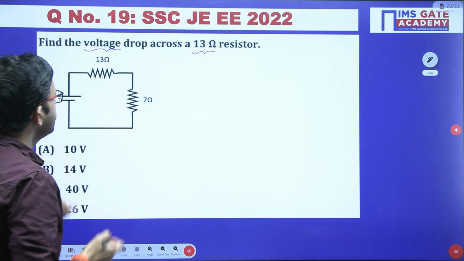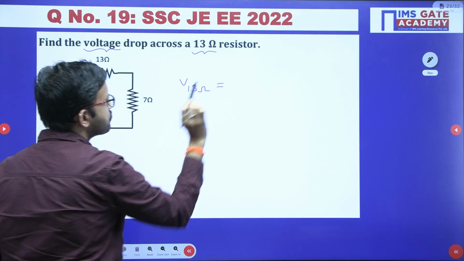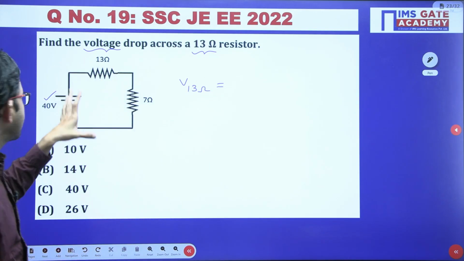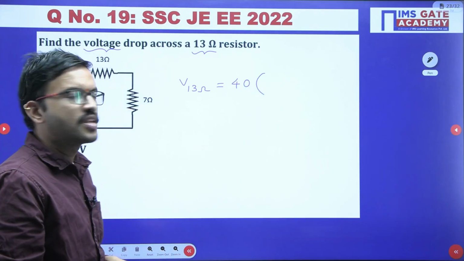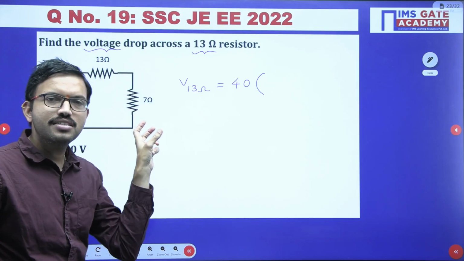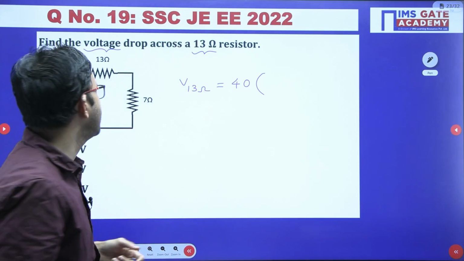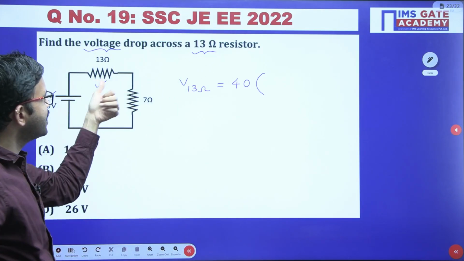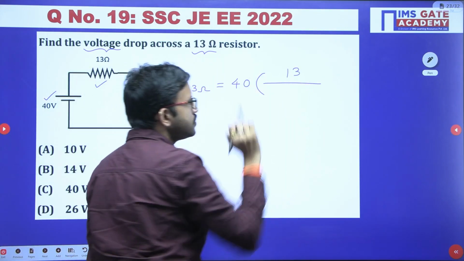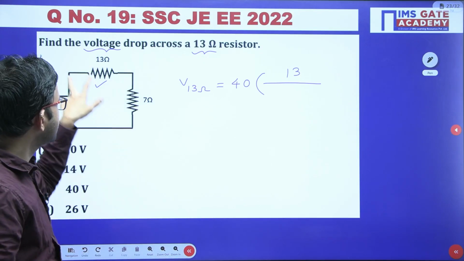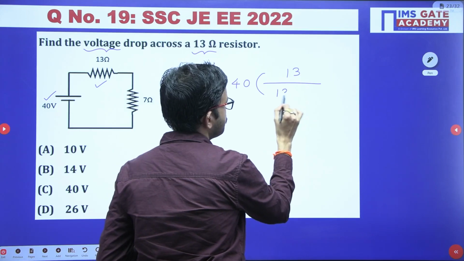I hope all of you know the voltage division rule formula. It is very simple. Here in this case, we have to calculate the voltage across 13 ohm resistor. For this network, whatever the total supply is there, that one you consider, and across whichever resistor you want the voltage, that particular resistance value will come into the numerator. Here we have to calculate across 13 ohm resistor, so that will come into the numerator, divided by sum of the resistances, 13 plus 7.